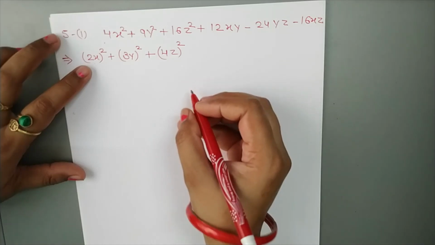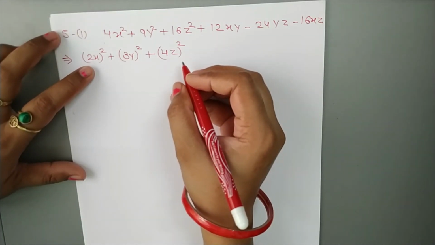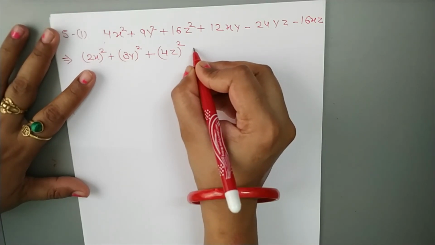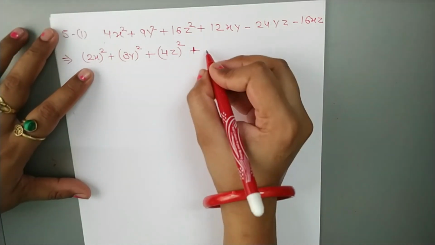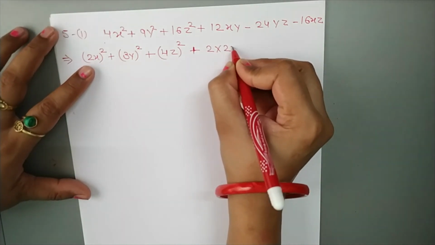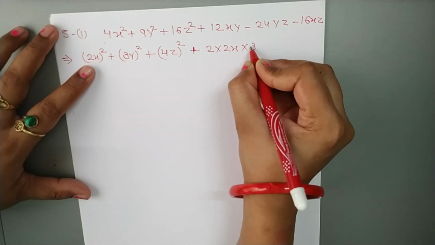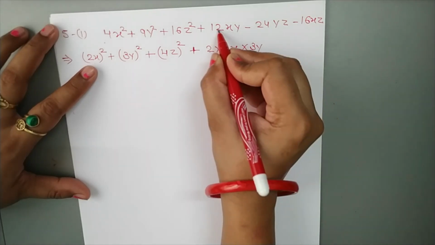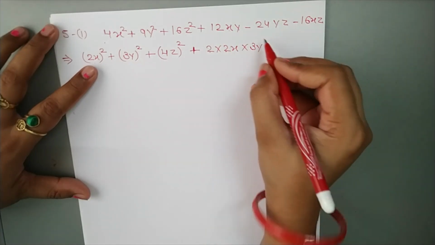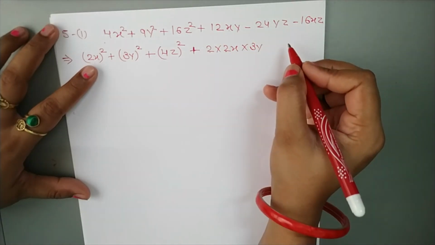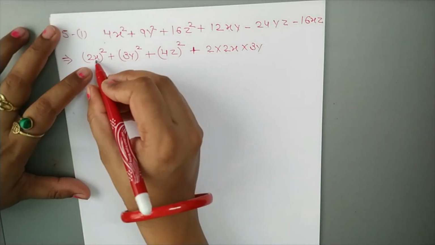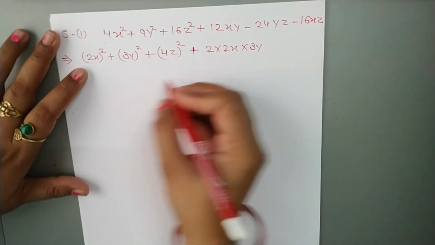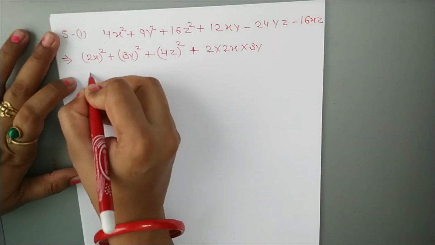Now it can be written as plus 2ab, so 2 into a b. So 2 2s are 4, 4 3s are 12xy. Then here the minus sign, it means any one of them will be minus.